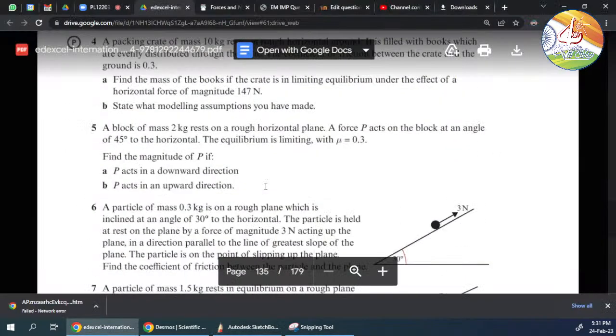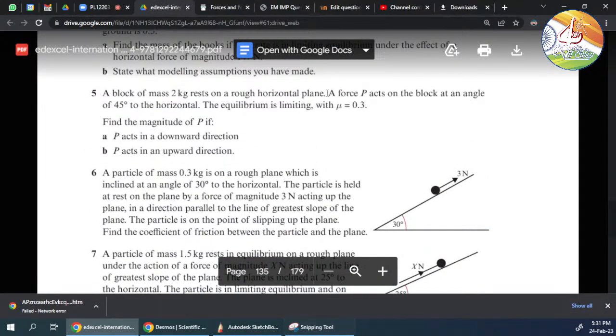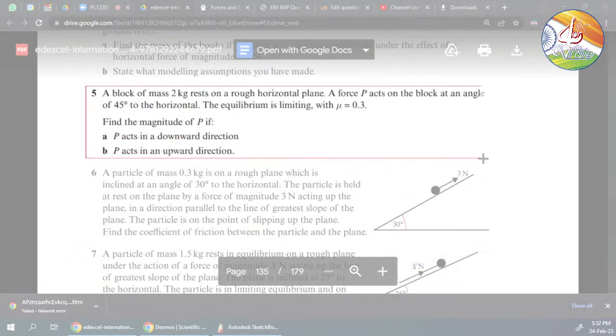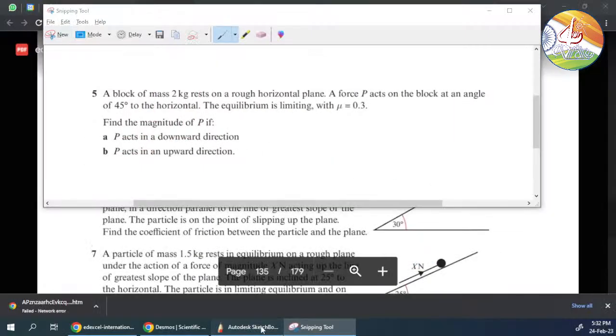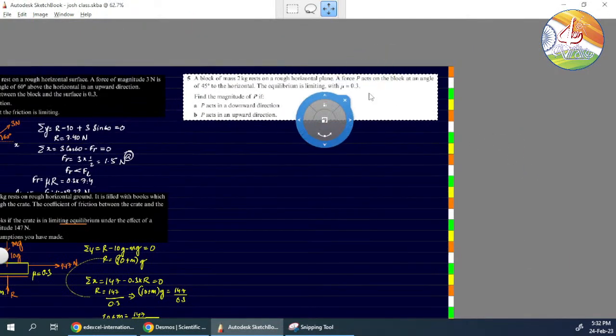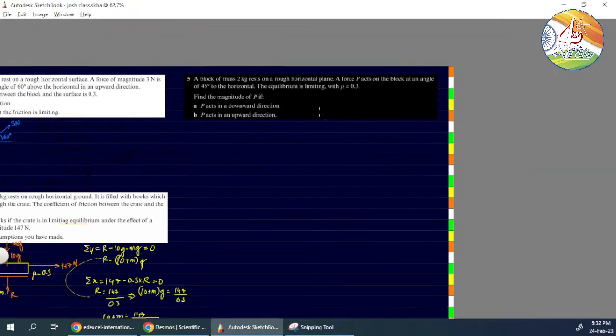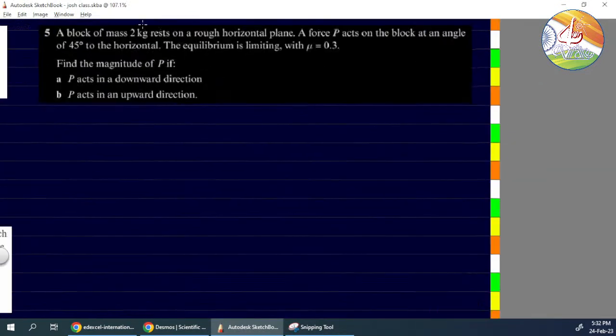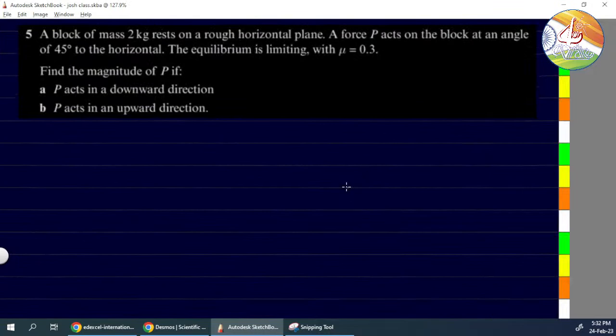Fourth one is done. We have to go with fifth one. Block of 2 kg rests on horizontal plate. Force F is acting on the block 45 to horizontal.